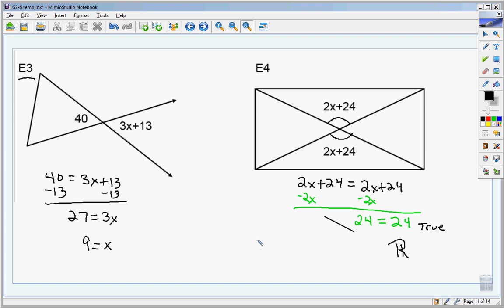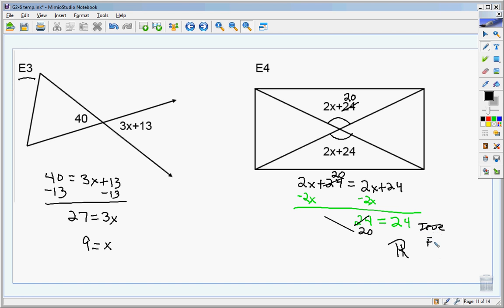Questions on example 3 or example 4? Yep. Okay. When exactly would it be no solution? If it came out, let's say that they changed this number to 20. Okay? Then this would say 20 equals 24. Is that true or false?